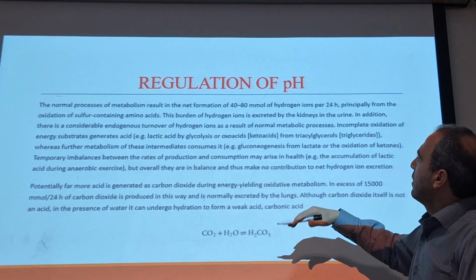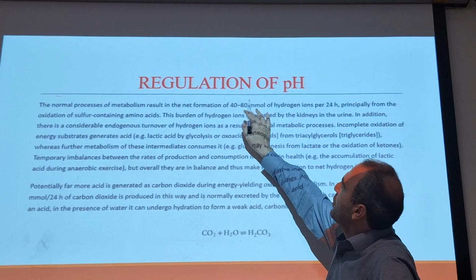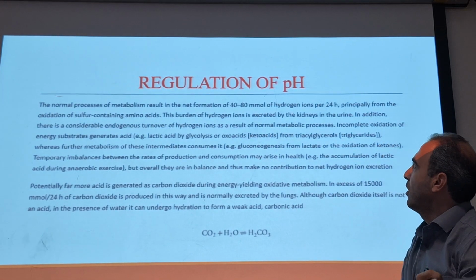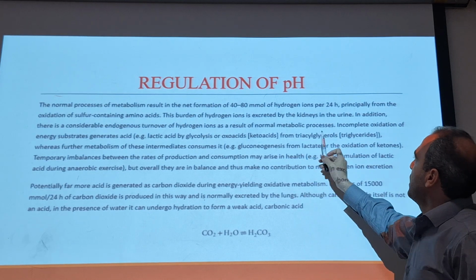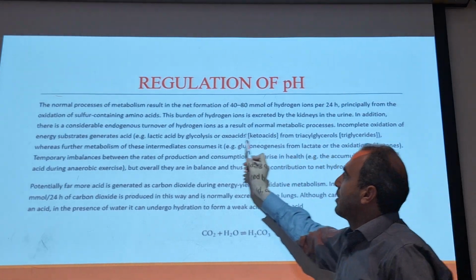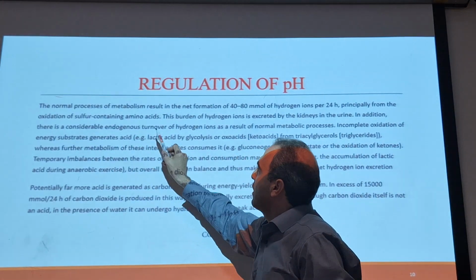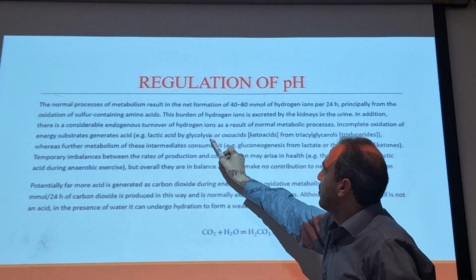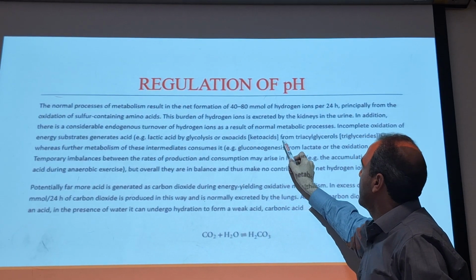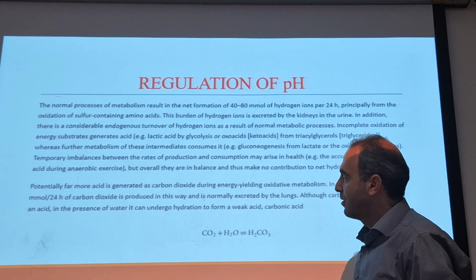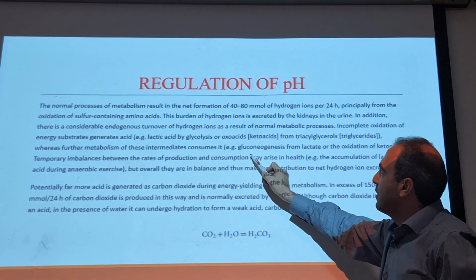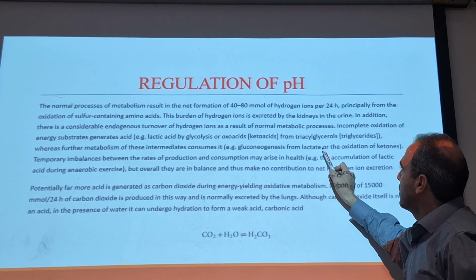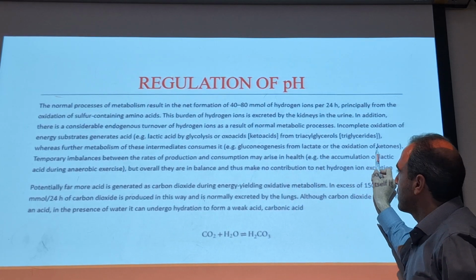Daily, we produce 40 to 80 nanomoles of hydrogen per 24 hours. It can come from incomplete oxidation of energy substrates, like lactic acid by glycolysis, keto acids, or from triglycerides. And sometimes we use it, by gluconeogenesis from lactate or oxidation of ketones.